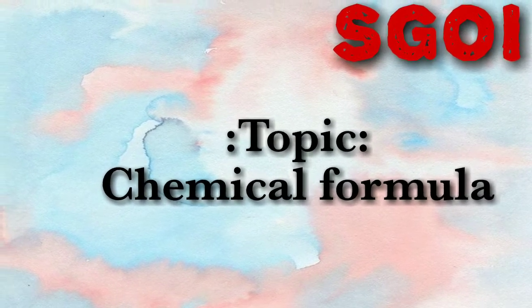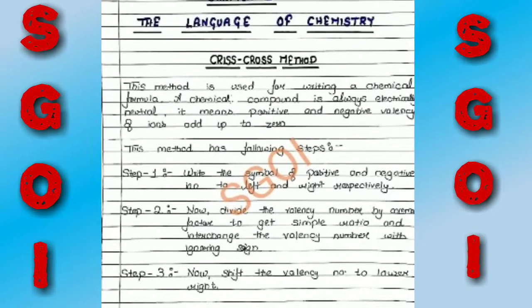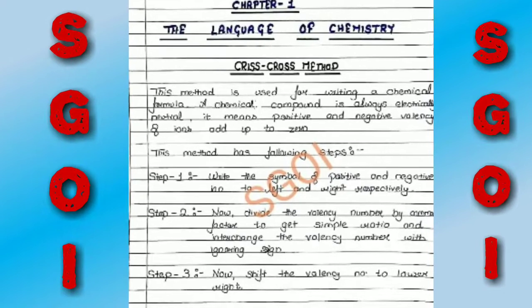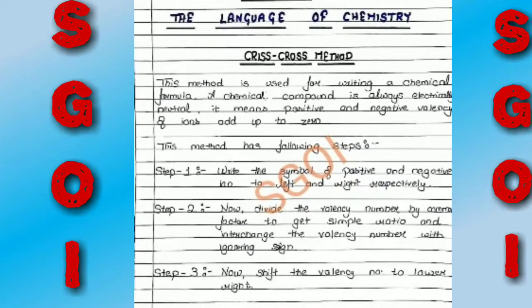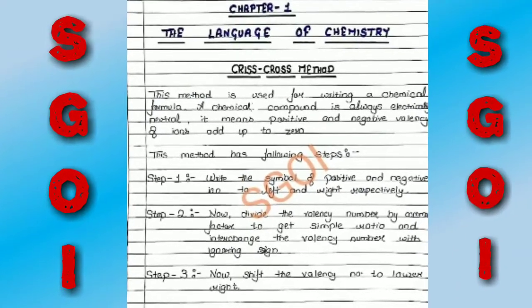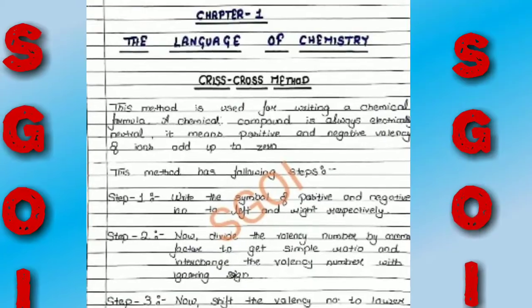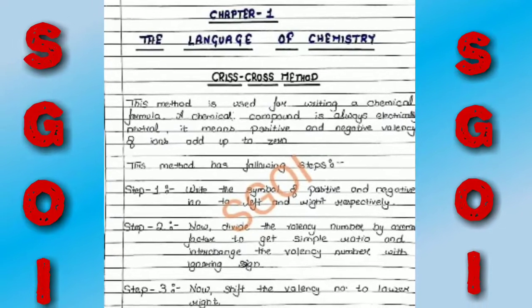In that lecture, step 1, first of all write the symbol of the positive and negative atom, positive atom on the left side and negative atom on the right side.